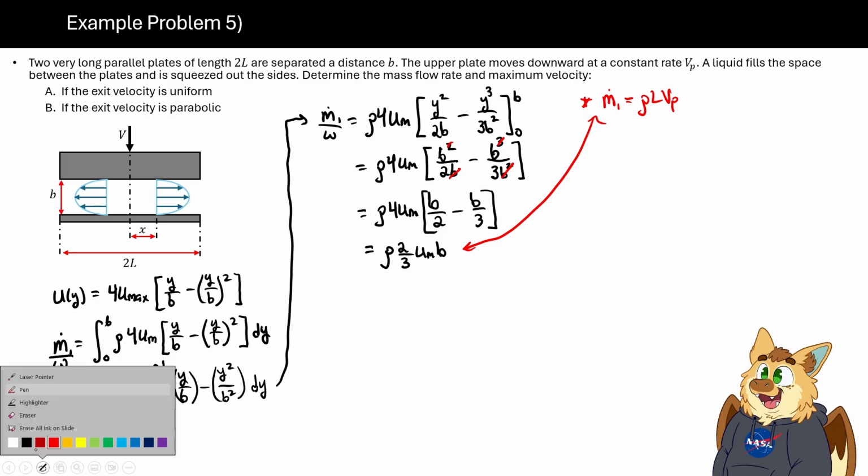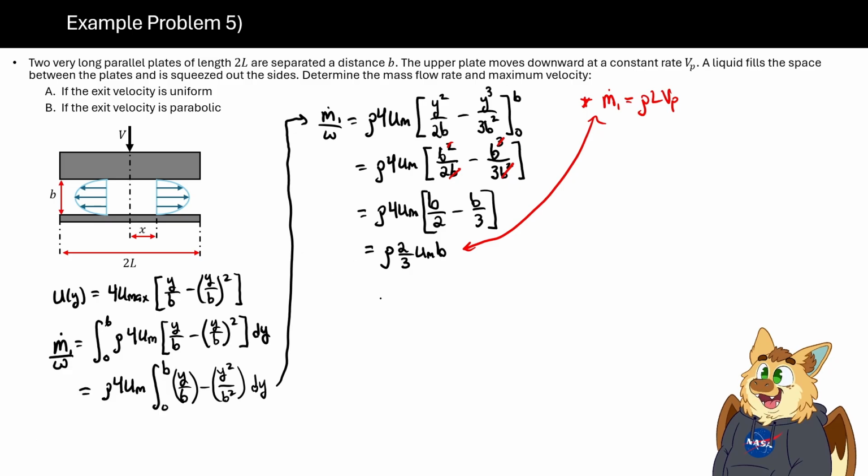And we can actually solve directly for the maximum velocity of our parabolic velocity profile.